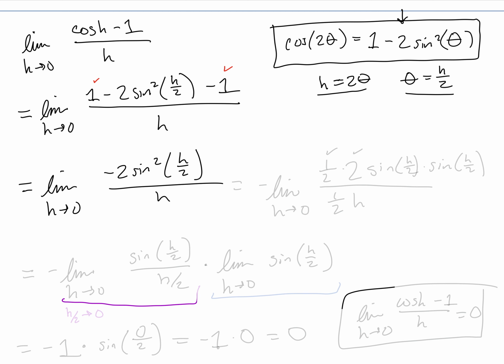And we can rewrite that as negative limit as h goes to 0 of, so we can multiply the numerator and the denominator by 1/2 times 2, and we're going to break up the sine squared into sine of h over 2 times sine of h over 2, just breaking up that squared into the product of itself.